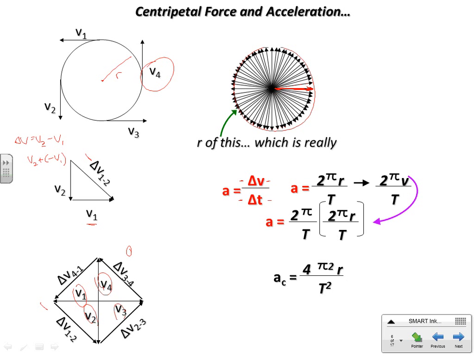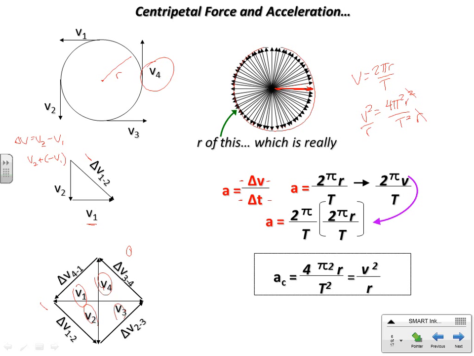Now if you notice, since we had v is 2 pi r over t, it looks like we just square everything to get this. Well, we square everything except for the r. So if I did v squared, that's 4 pi squared r squared over t squared. But I don't want the r squared, so I do this. And there's centripetal acceleration.